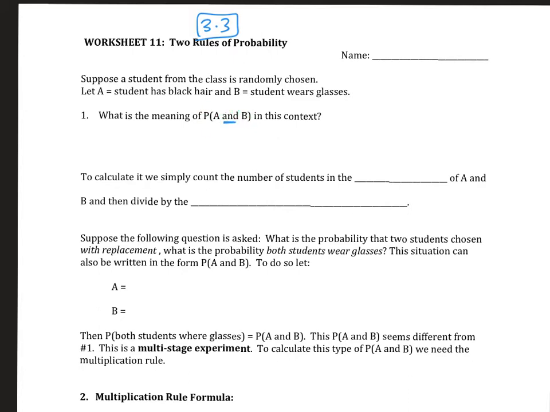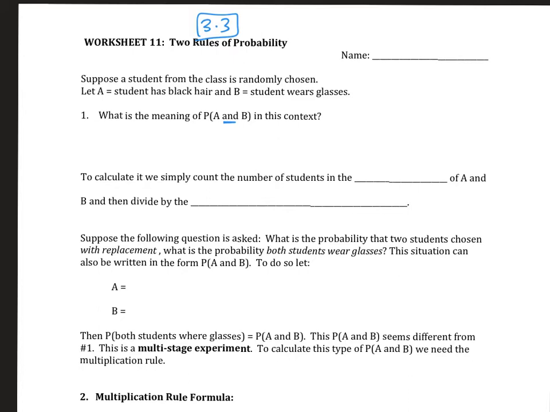Well, notice it's A and B. It sounds like this student has to have black hair and also wear glasses. So if you have black hair but you don't wear glasses, you're not in this particular set. And for the same reason, if you don't have black hair, you're not in the set even if you do wear glasses. So in order to be in A and B, it sounds like you have to have both properties satisfied.